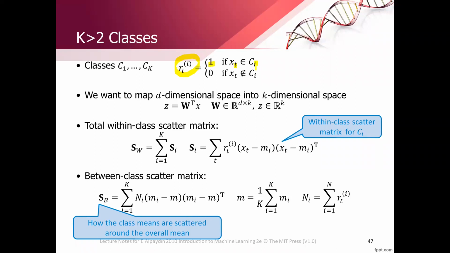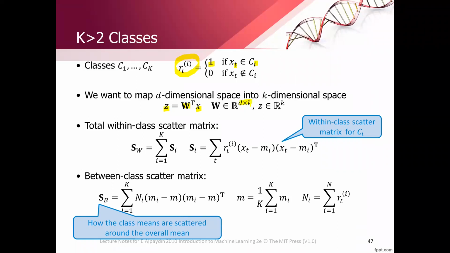And then the transformation is that we would like to transform the original vector X into vector Z by multiplying by some matrix W, capital W, because it's a matrix, the matrix of dimensions D times K.